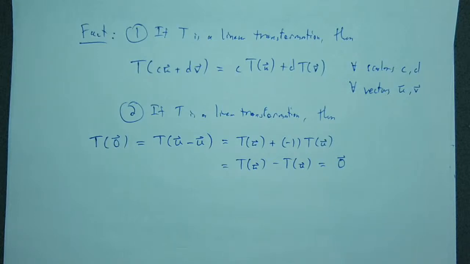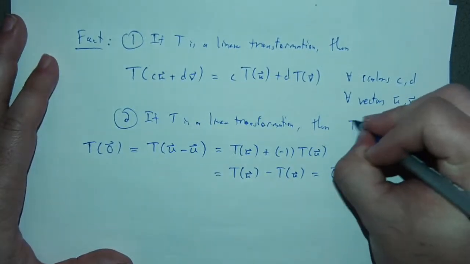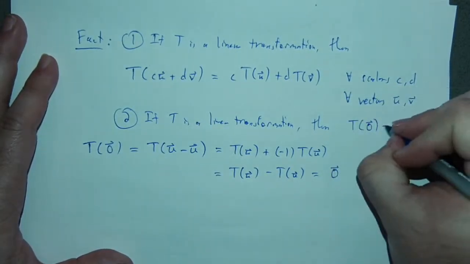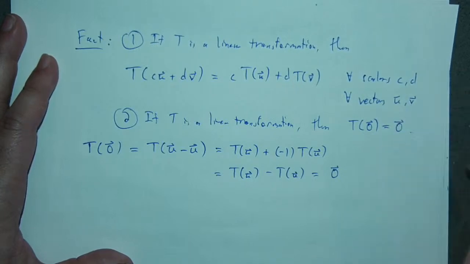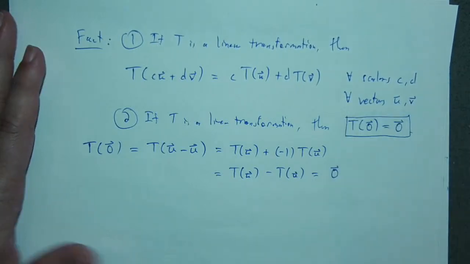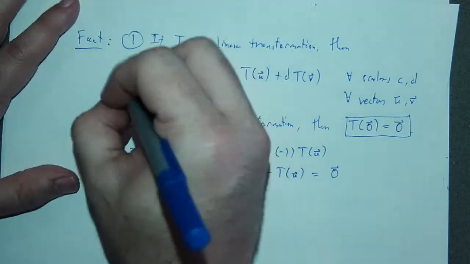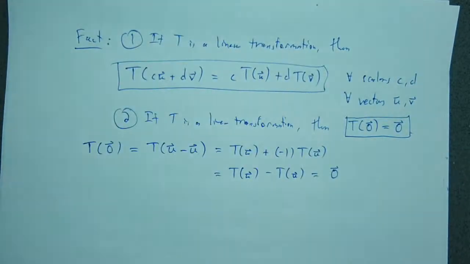So this is the zero vector. So if T is a linear transformation, then I just proved that T of the zero vector is equal to the zero vector. Now, this is a slight abuse of notation. The reason it's a slight abuse of notation is that these zero vectors could be different sizes.